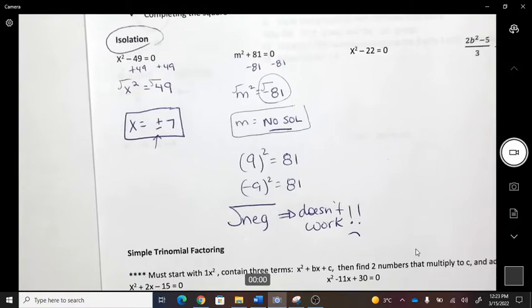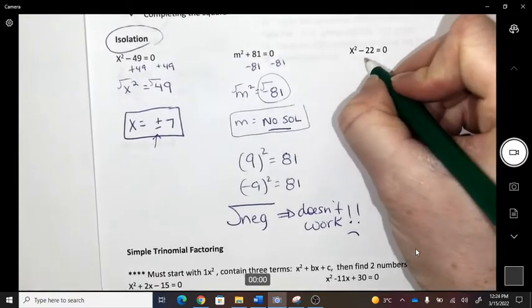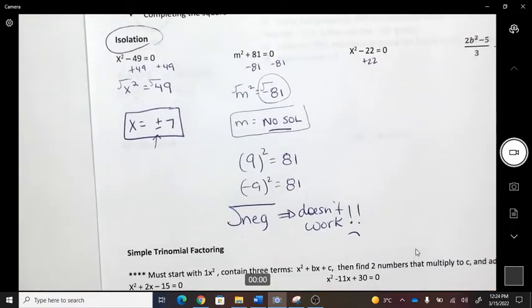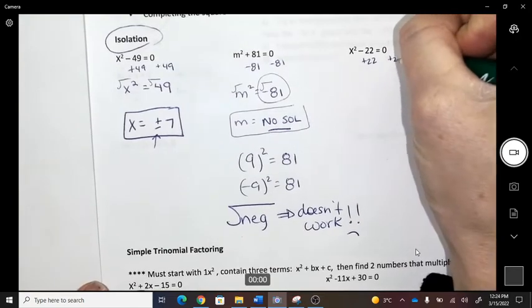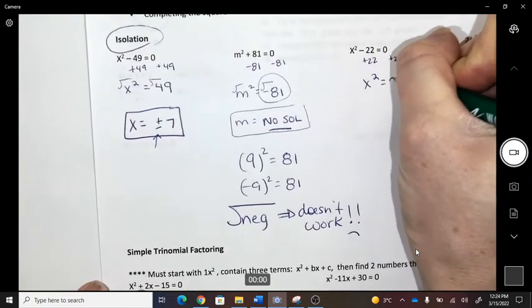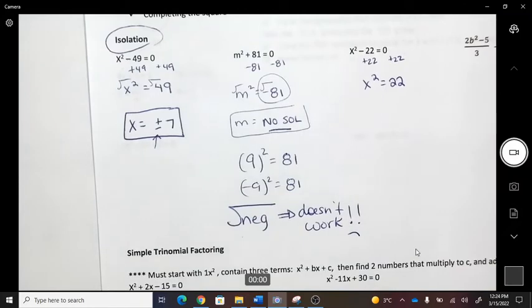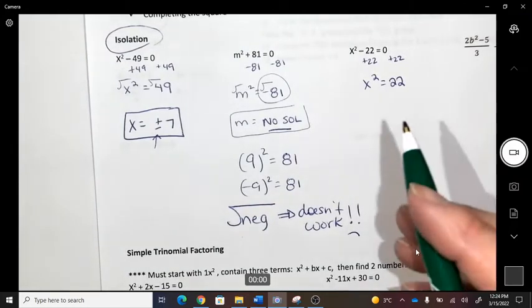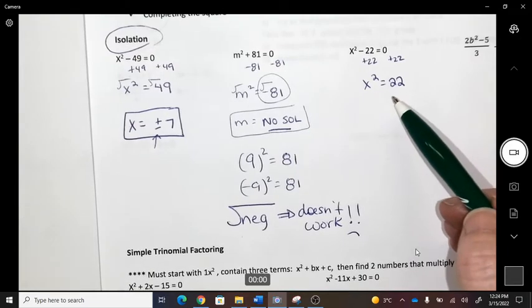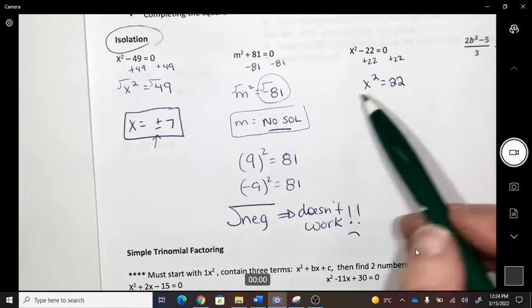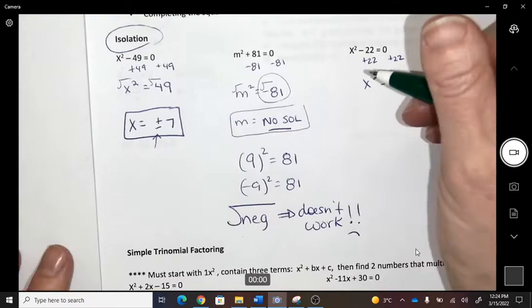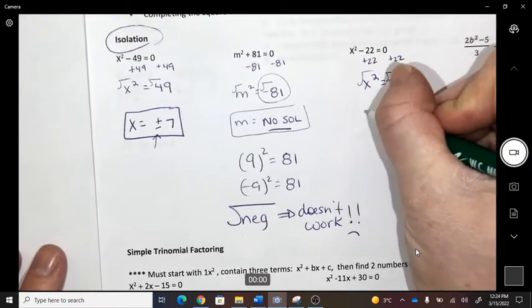Okay, number 3, to get this alone, I'm going to add 22. Okay, so this one's going to work, right? Because it's positive. And this is not just a nice number, right? Like 49, I knew it was 7. So I'm going to square root it.